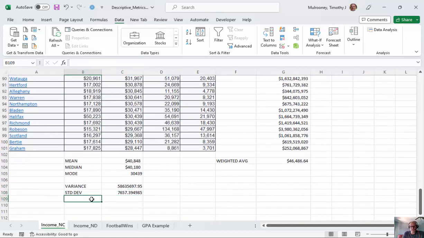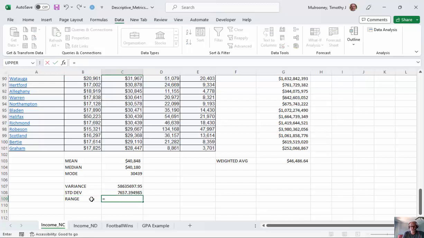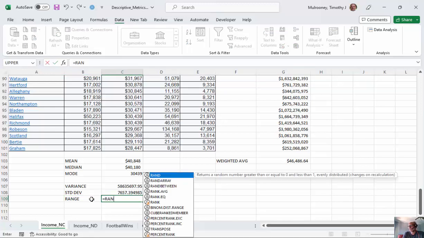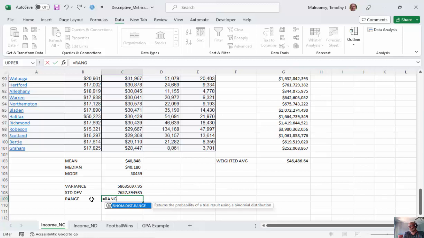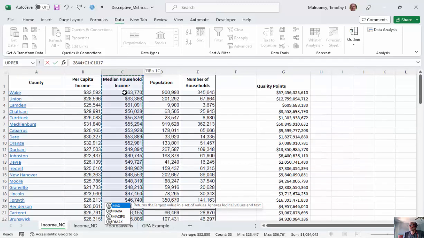And just for the heck of it, I'll type in the word range, see if we can calculate it. So equals, let me type in the word range. Well, I don't see anything here for range. But I did talk about the calculation. So equals max of what? Maximum of these.